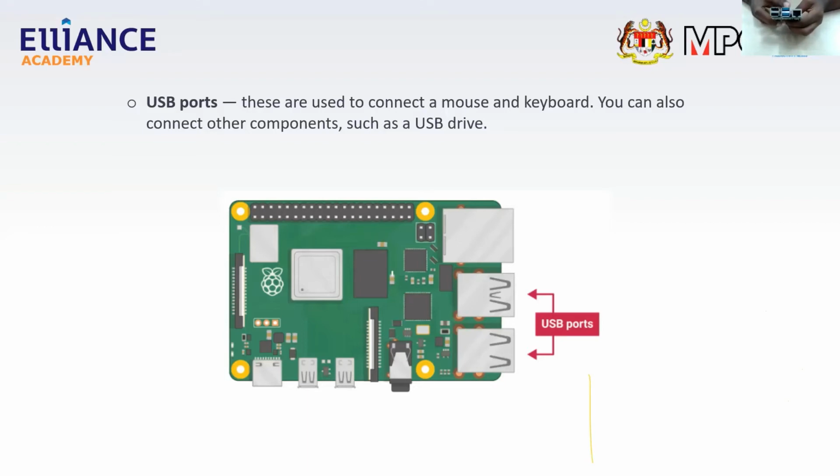USB 3.0 has a faster transferring speed compared to USB 2.0. So why are there 2 different ports here? Because if you are using a component that is an older version, it supports lower speed. If you're using a newer version, it supports faster transferring speed. For example, your mouse, your keyboard, and also your pen drive.